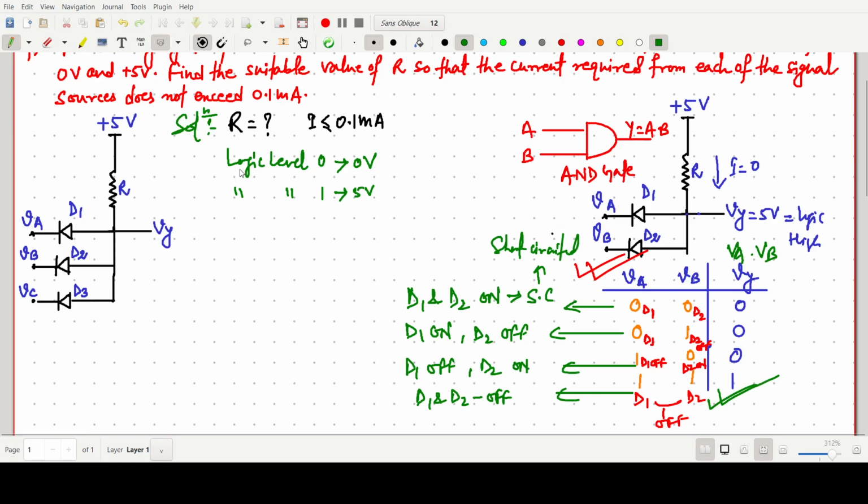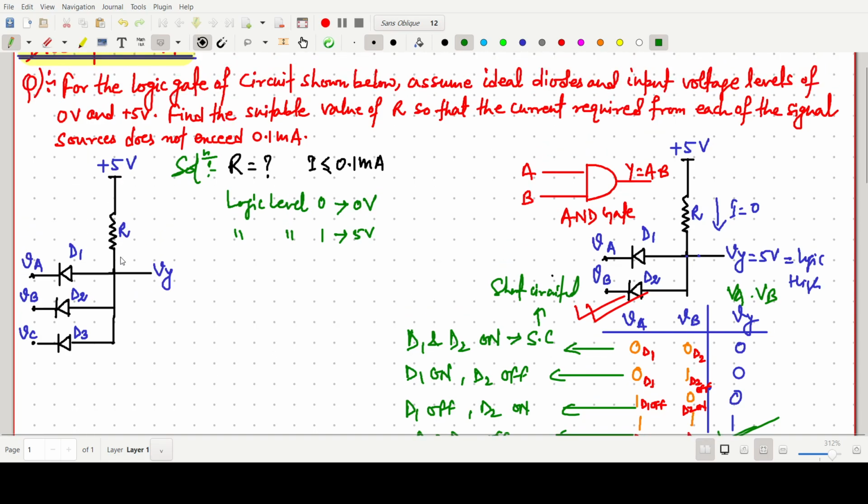Now in the question we have to find the value of R. When inputs are at low logic level 0, the circuit is short circuited if any one input is 0. So for the modified circuit, as an example, say VA is 0, VB is 0 and VC is 1, high level.